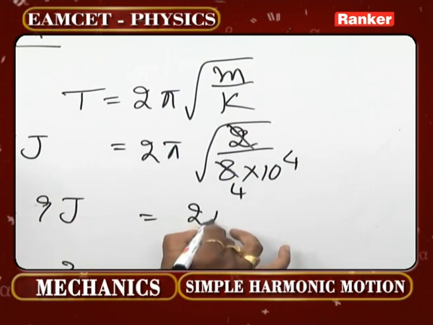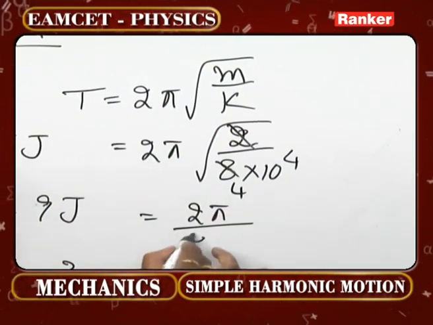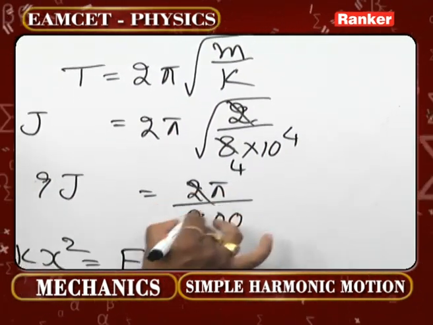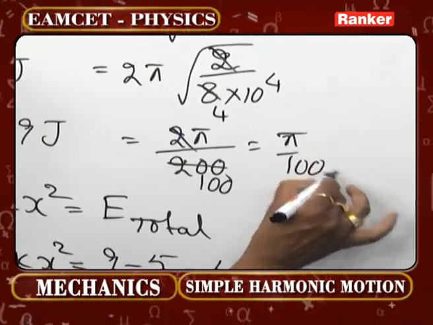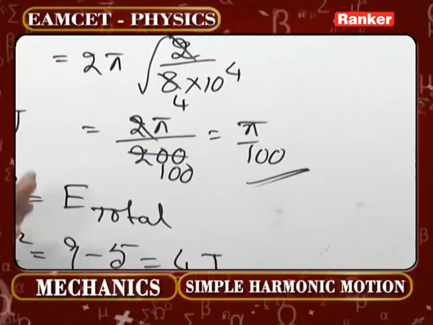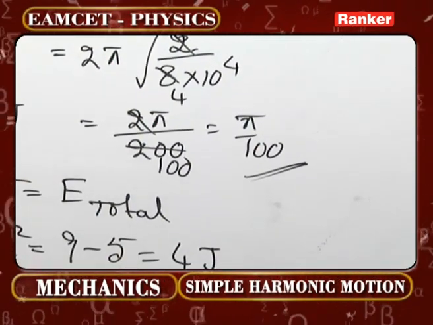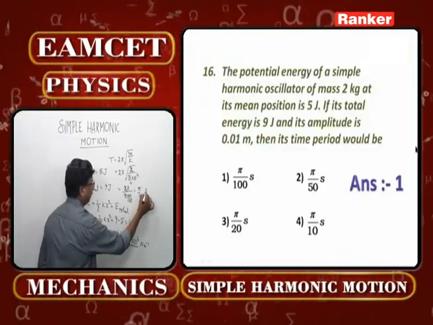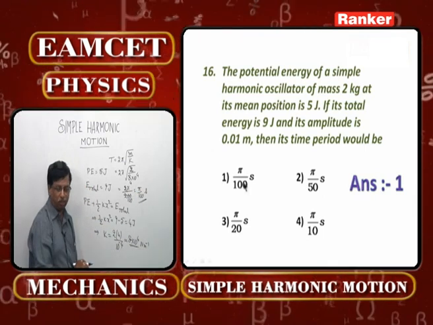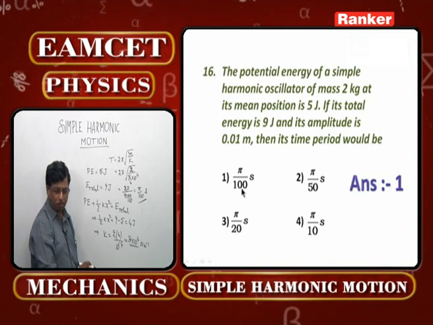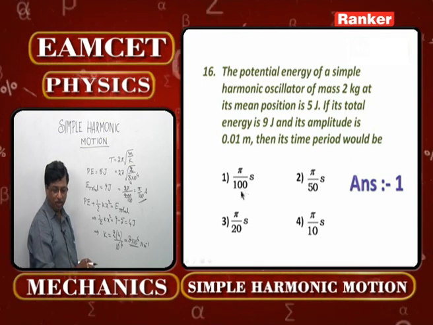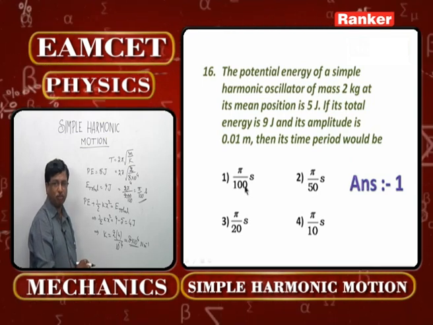You will be left with 2 pi by root 4 into 10 to the power 4, that is 200, so this goes exactly 100 times. And what is the total value you are getting now? Pi by 100. That is in terms of time, that is second, is going to be the time period. So which option is correct over there? Once again, the very first option, pi by 100 second, is the correct option for this question number 16.